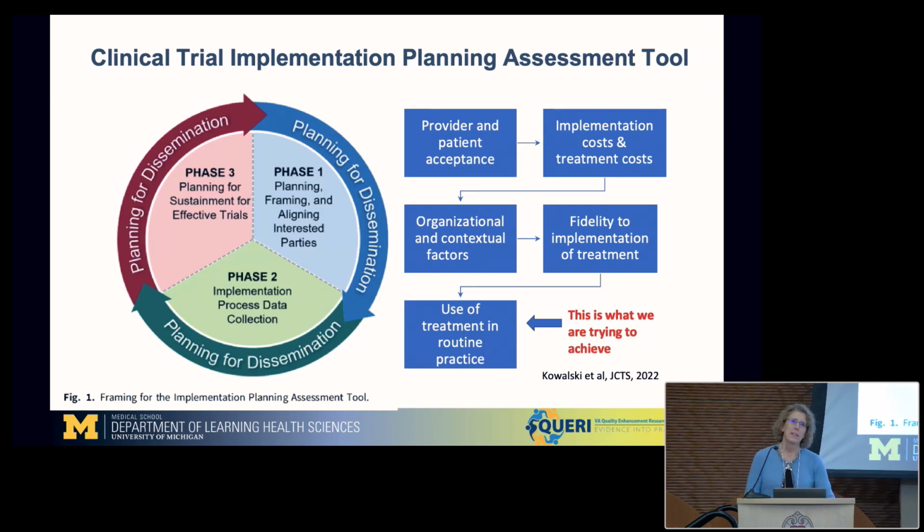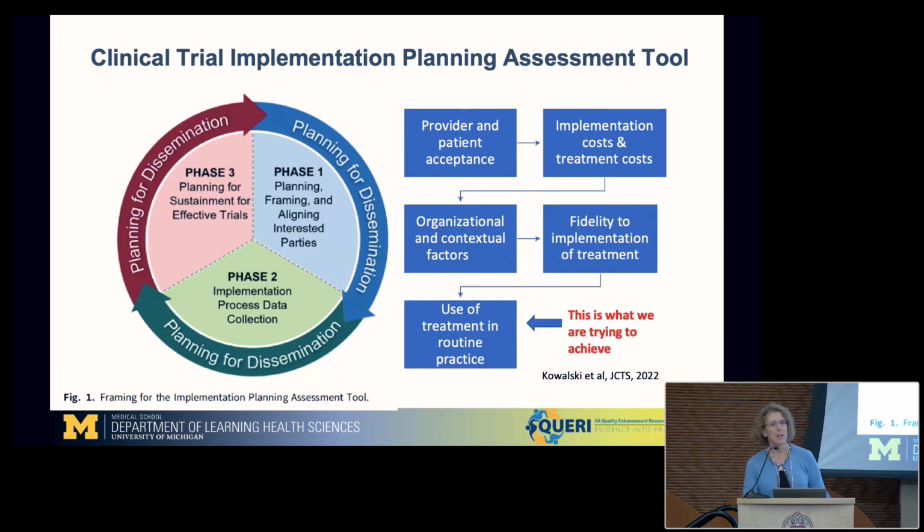Well, they never actually developed an implementation plan. They never observed the implementation process of their clinical trials, and they were finding out that clinical trials were being published, but no one was doing the treatments that were proven effective. So about a year ago, we created a clinical trial implementation planning assessment tool, which had 5 stages to get at information to assure that the treatment was ready to be implemented in routine practice.